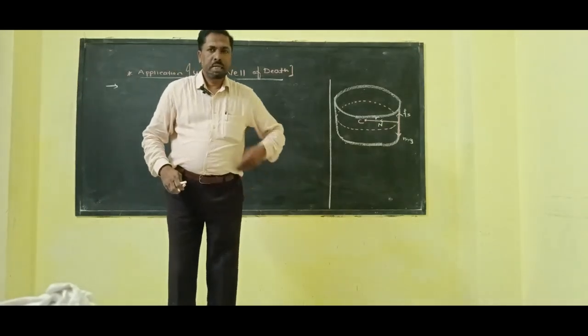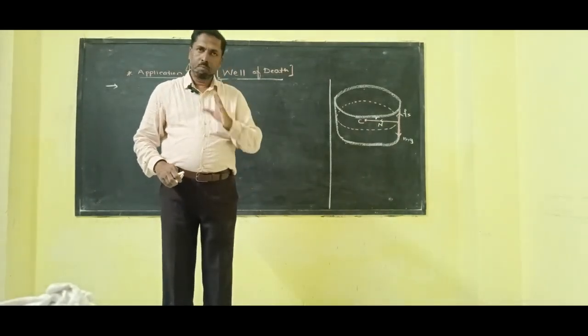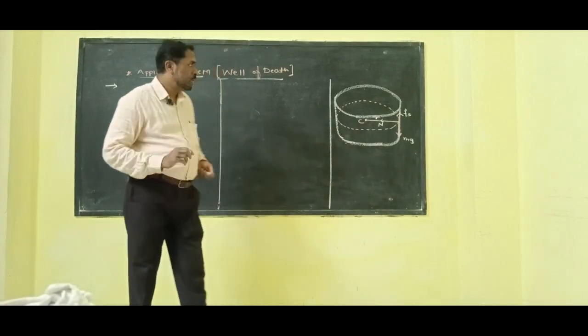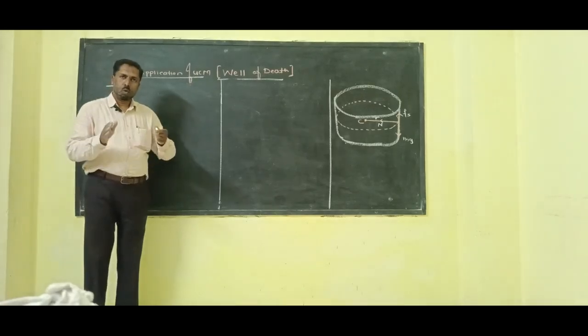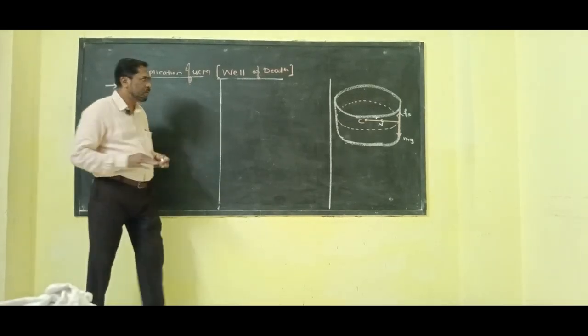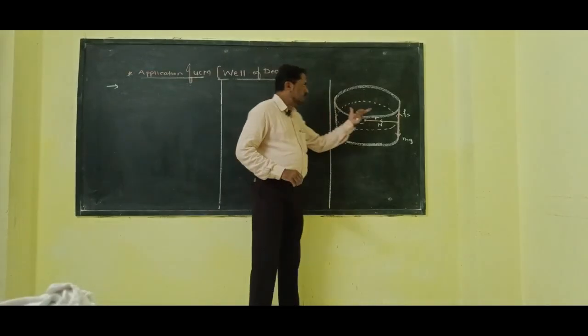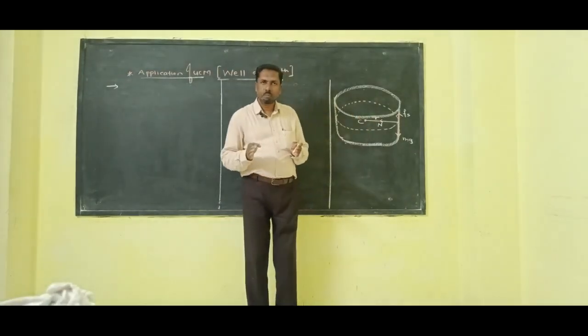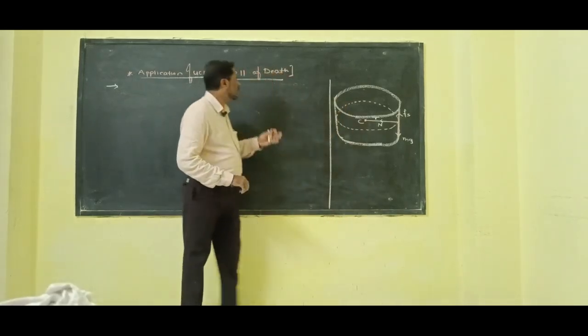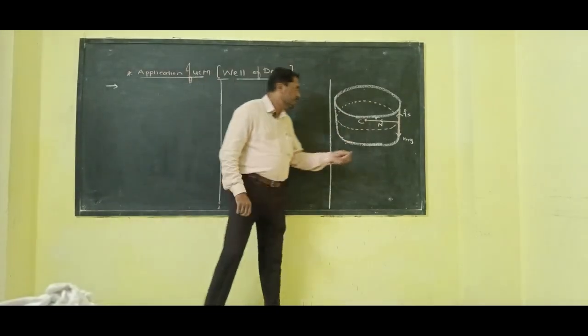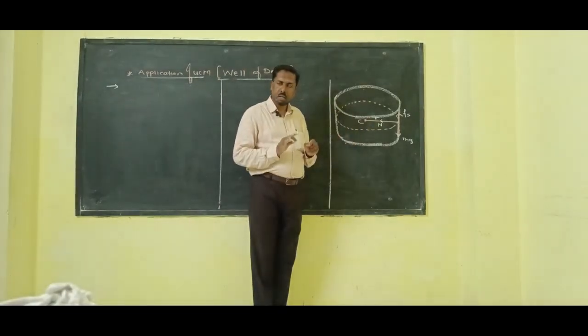Let us consider the second application of uniform circular motion, related to well of death. What do we understand by well of death? In the figure, there is a vertical cylindrical wall named as well of death, having certain radius r.